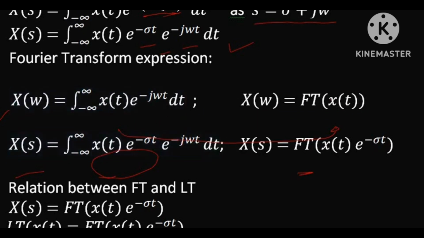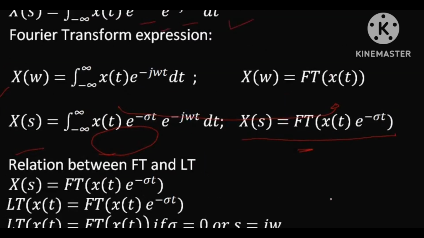So here all the things are similar. So we can write X(s) is equal to FT of x(t) e raised to minus sigma t. Okay, so we got the relation between Fourier transform and the Laplace transform. We have just compared two equations.